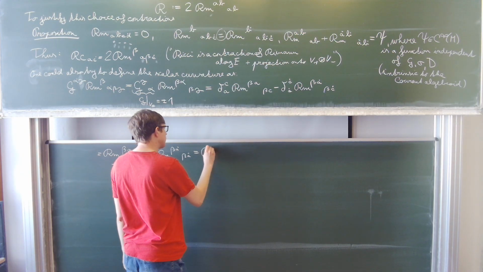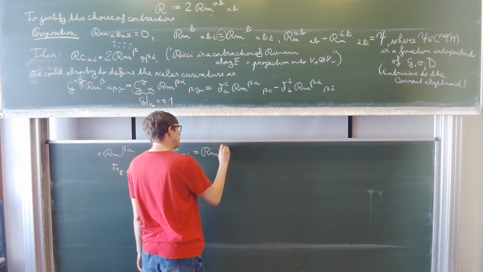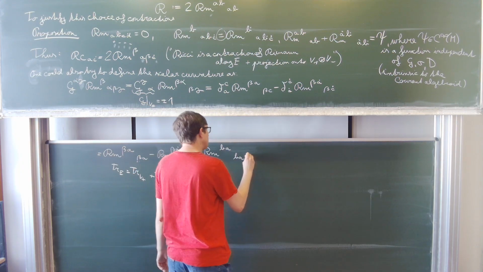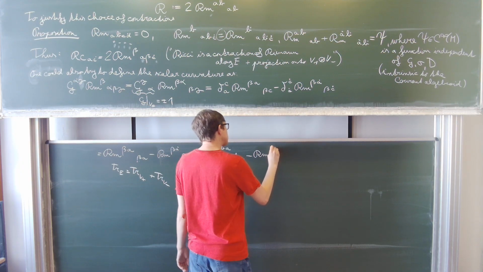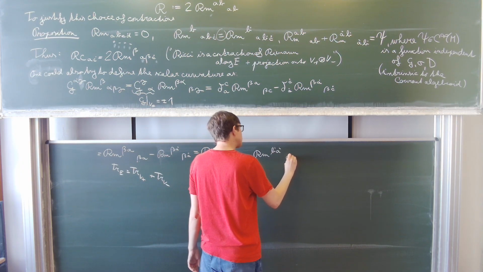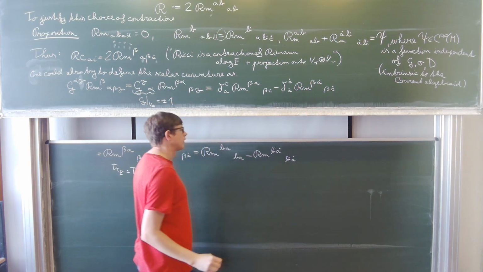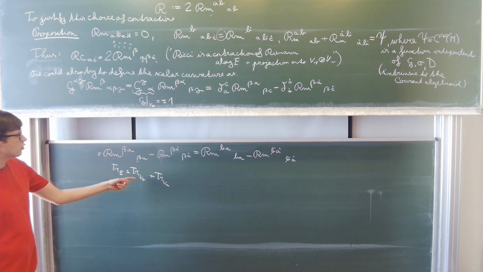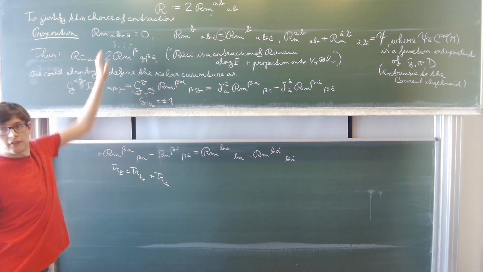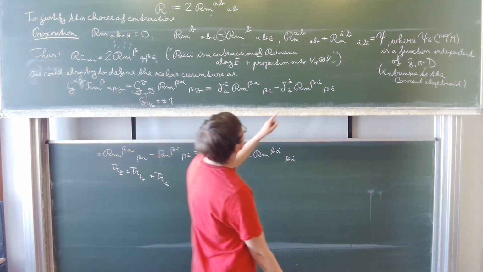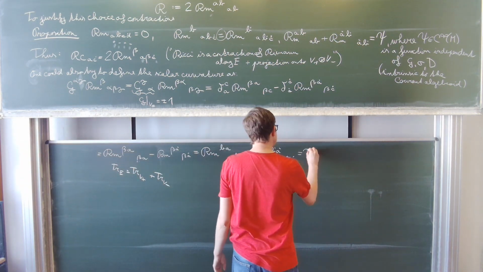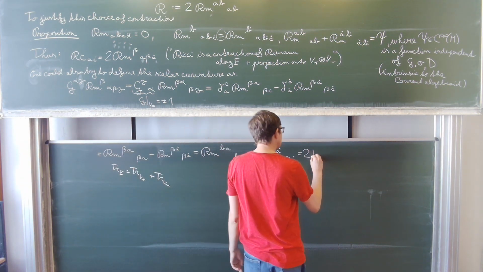So this is really the Riemann of BA, and the second thing similarly is all things dotted. Okay, so the cross terms vanish because of this thing. And now, using the last property, I can essentially write this as 2 times the first guy.